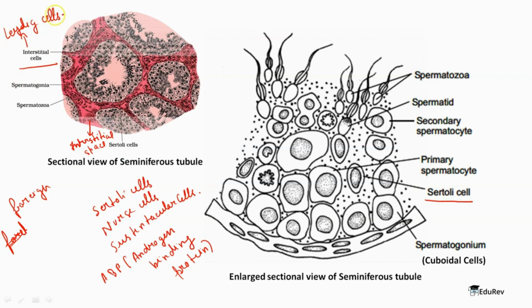These cells play an important role in releasing the male sex hormones or androgens. And the most important male androgen is testosterone. This is required for spermatogenesis, that is, formation of sperms.